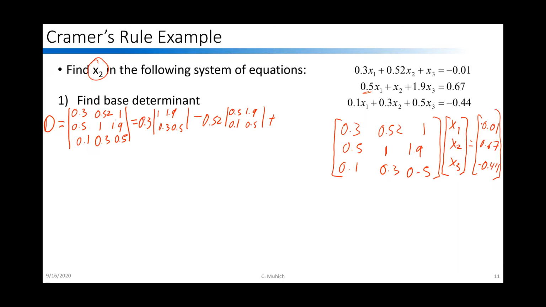We take that upper right-hand corner, number 1, multiply it by the determinant of the elements in the lower left-hand corner, so 0.5, 1, 0.1, 0.3. All right. And all of this, when I do this out, is equal to negative 0.0022. All right, so we have D.